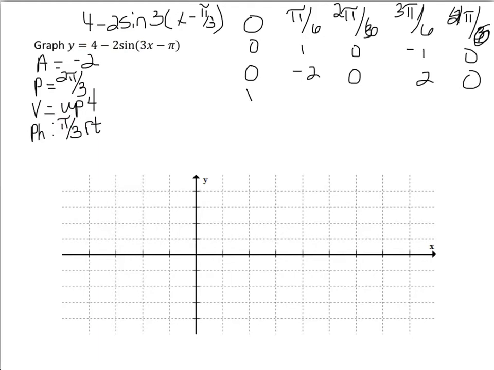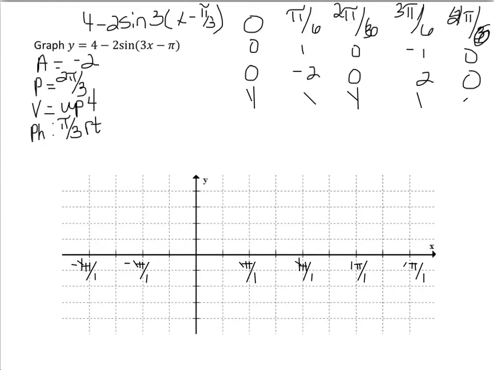So this becomes 0 plus 4, negative 2 plus 4, 0 plus 4, positive 2 plus 4, 0 plus 4. So here I'll call this 2 pi over 6, 4 pi over 6, 6 pi over 6, 8 pi over 6, and then moving backwards, negative 2 pi over 6, negative 4 pi over 6.